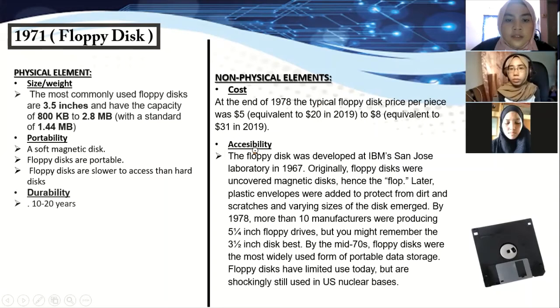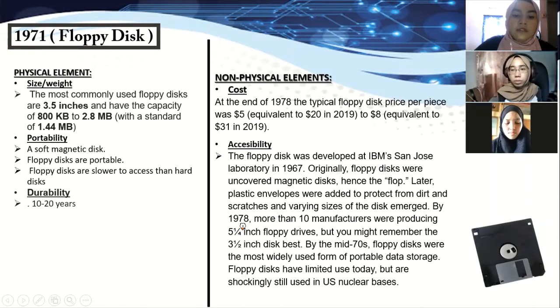Okay, for accessibility, the floppy disk was developed at IBM's San Jose Laboratory in 1967. Originally, floppy disks were uncovered magnetic disks, hence the floppy. Later, plastic envelopes were added to protect from dirt and scratches, and varying sizes of the disc emerged.